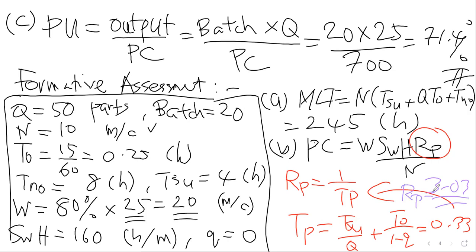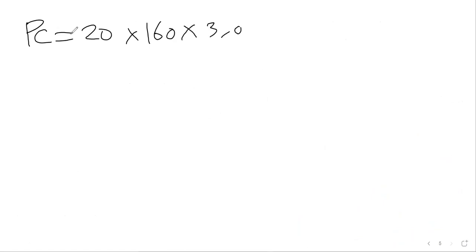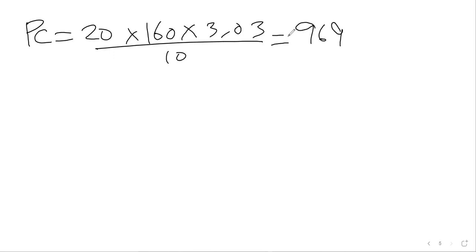So PC, you get 20 multiplied by 160 multiplied by RP 3.03 divided by 10 machines, you get 969.6. That is the PC. So this PC is for number B.